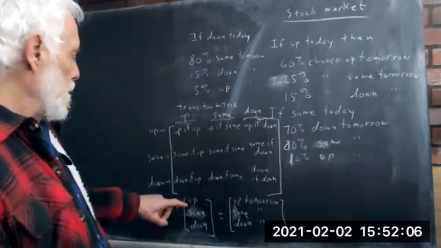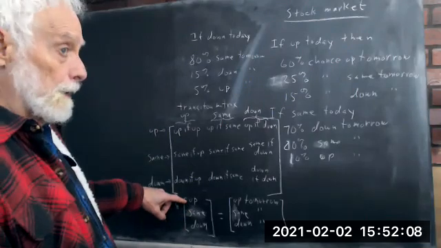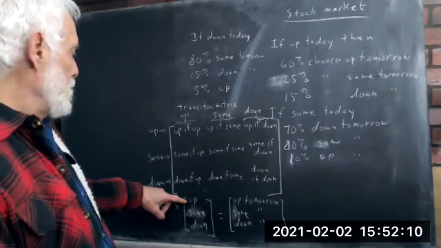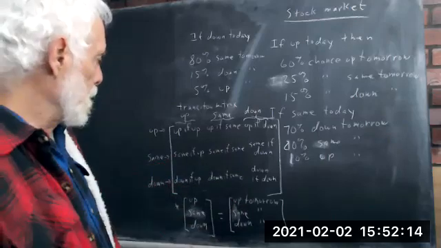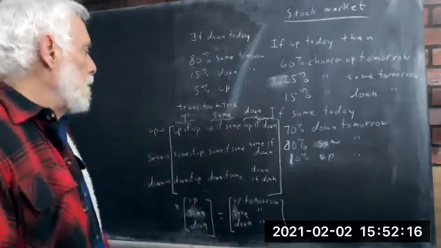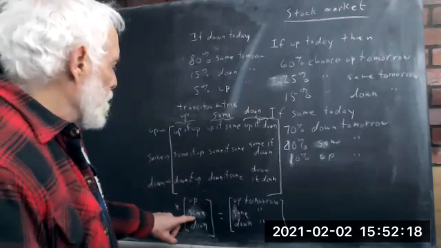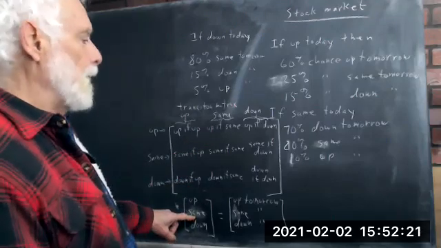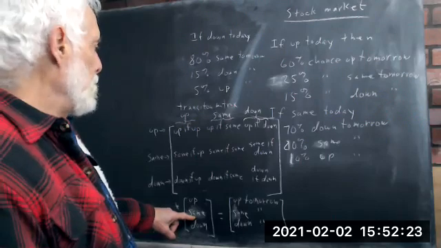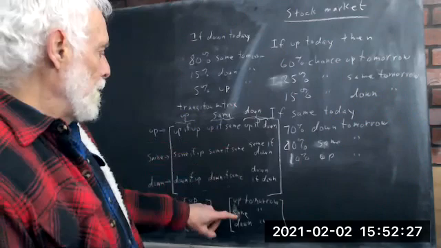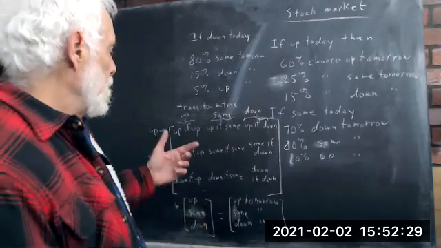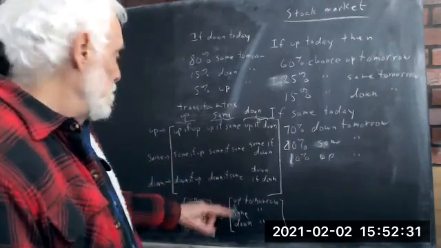I multiply that by the probability that it's up today, and that contributes to the probability that it'll be up tomorrow. You might have to think about that a little. Then I multiply the probability that it's the same today by the probability that it's up tomorrow if it's same today, and I get another contribution to whether it's up tomorrow.